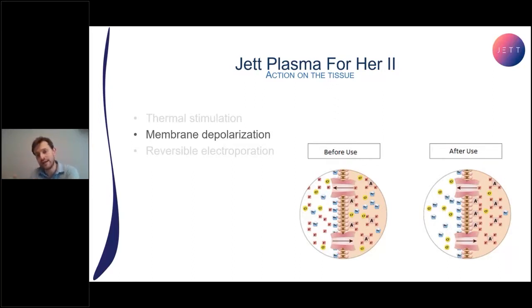So cells don't need only to change depolarization to repolarization, but need to stimulate all other processes itself. So this as well helps rejuvenation.